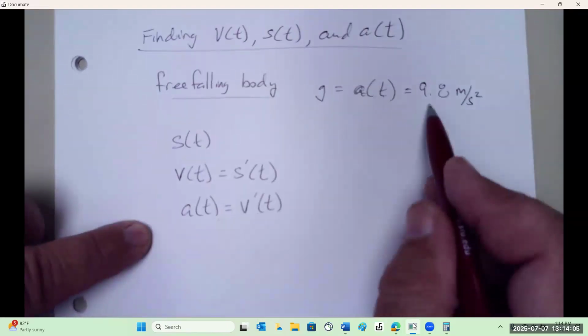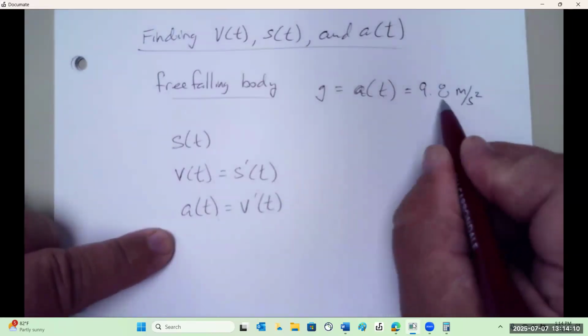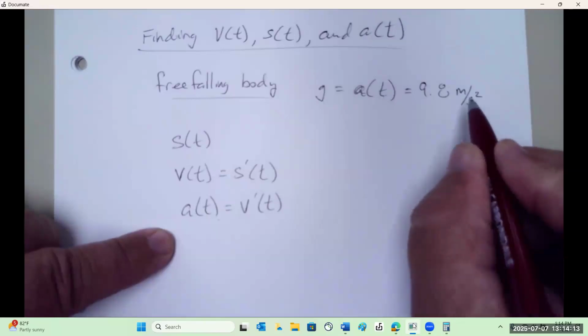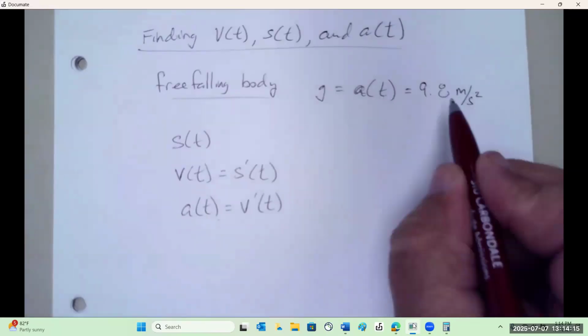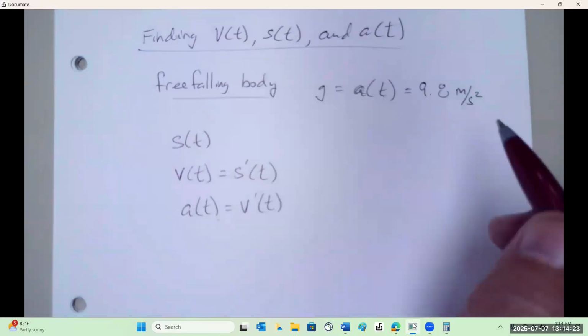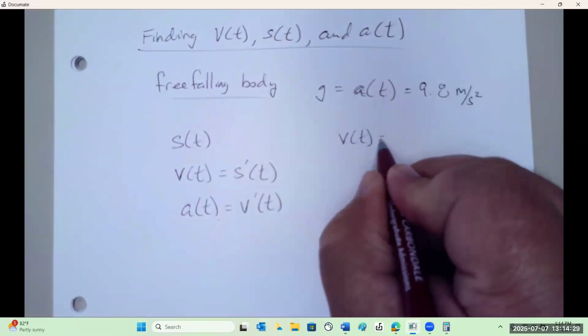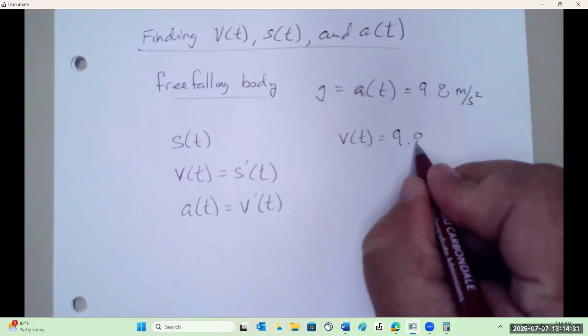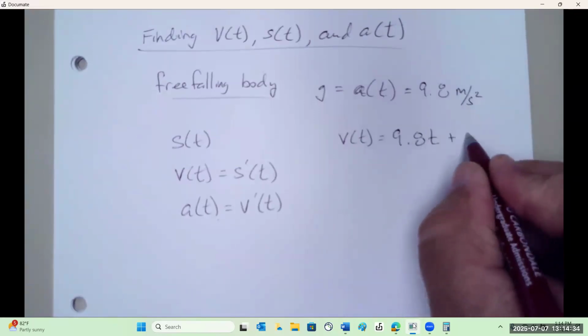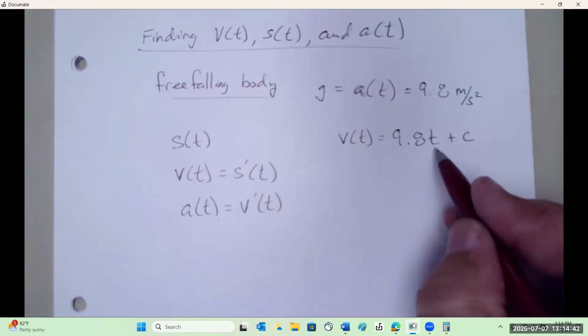So if this is the first derivative of velocity, give me a function whose derivative equals that. Plus some constant. Because when I take the derivative of it, the constant disappears, the t disappears, we have that.